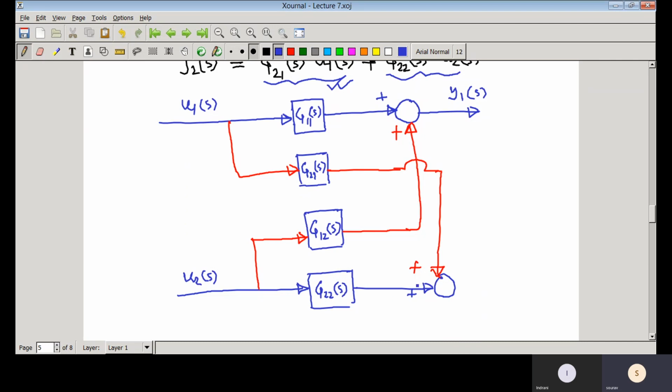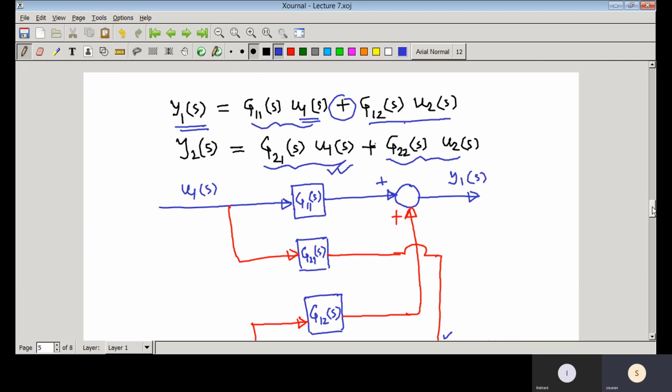That means you take the sum of this output and that output, and finally you will get that Y2(s).